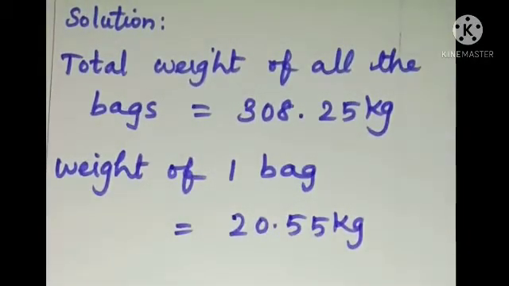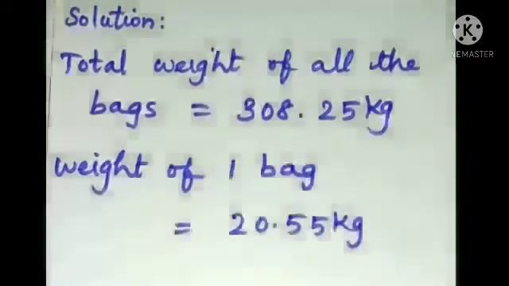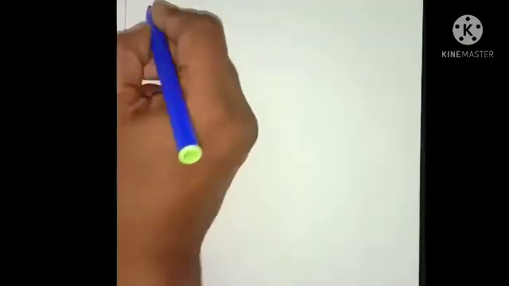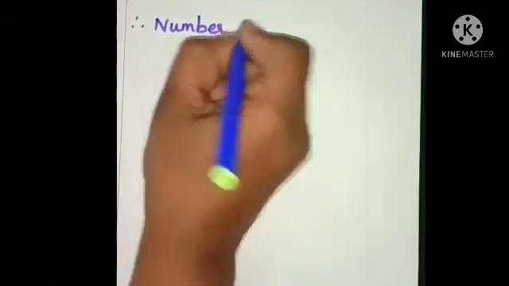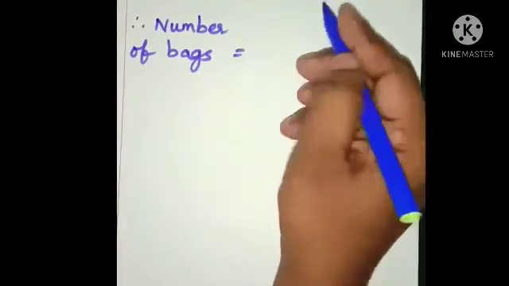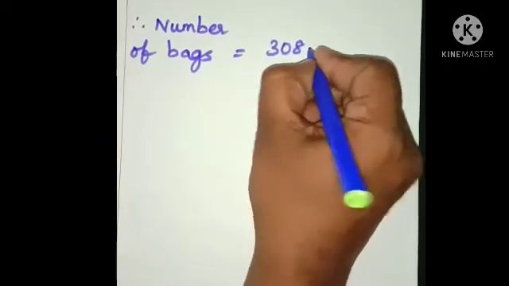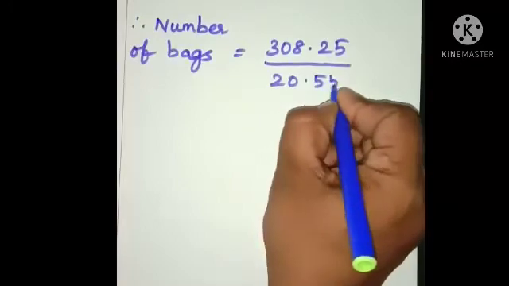Now, we are going to find number of bags. So, number of bags. What we have to do? Yes, we have to divide total weight by weight of one bag. Isn't it? So children, listen carefully. To find number of bags, we have to divide 308.25 kg by 20.55.